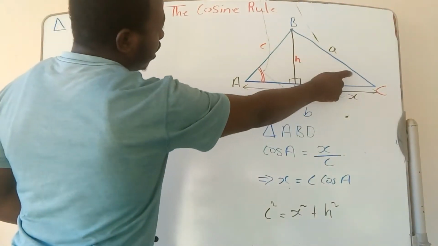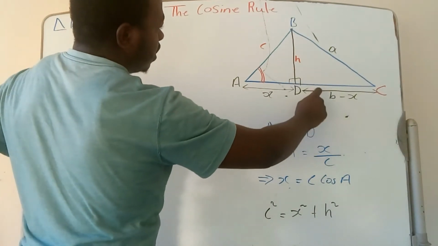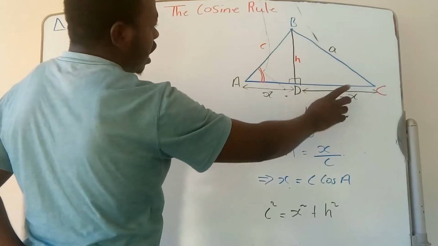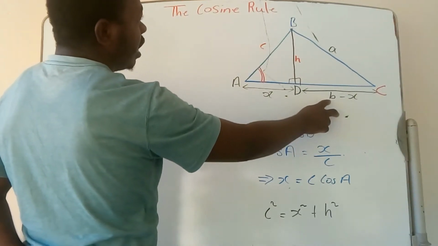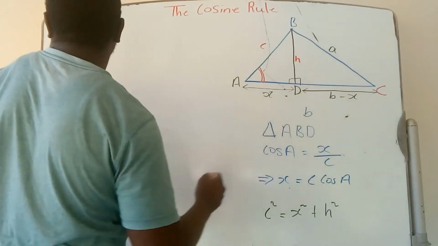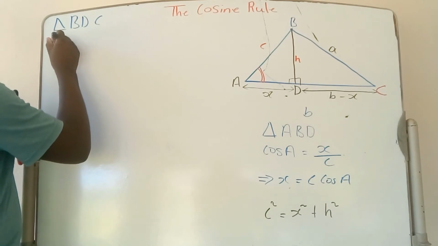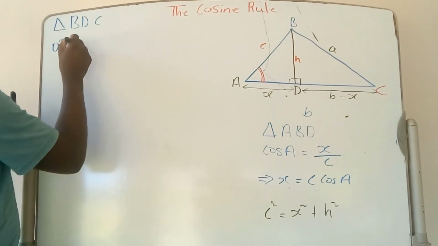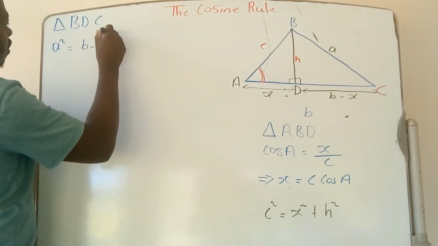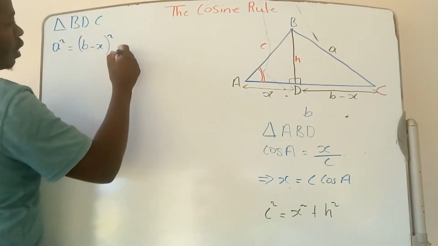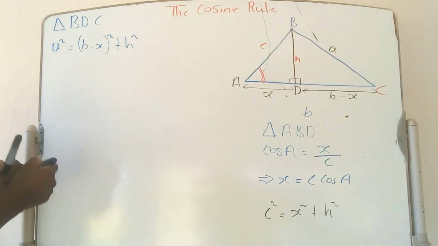Clearly, where a is, that's the hypotenuse, and we have the lengths for the other two shorter sides. That means we can apply Pythagoras to this triangle. So we can say that a squared is equal to b minus x all squared plus h squared. Clear there?